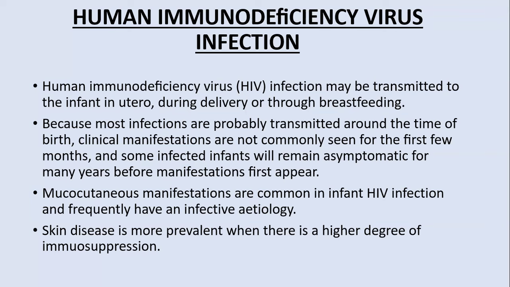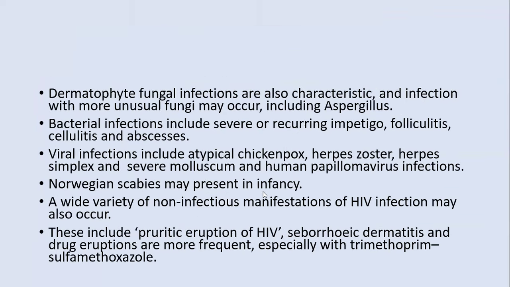Mucocutaneous manifestations are common in infants born with HIV infection and often have an infective etiology. Skin disease is most prevalent when there is a high degree of immunosuppression. The common skin diseases are infections, which include dermatophyte fungal infection, and unusual fungi like aspergillus may also be involved.